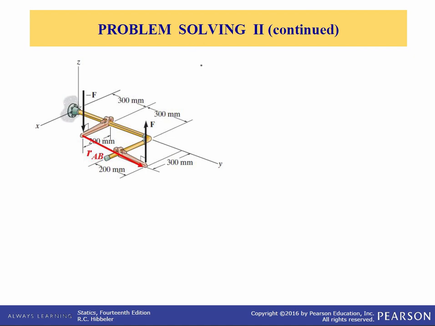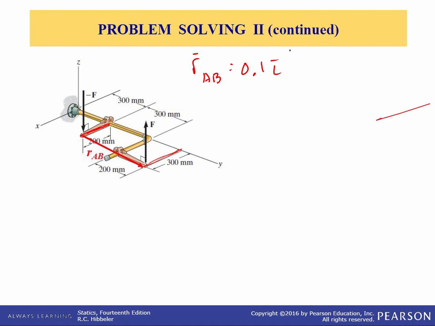So first let's find r_AB. That means I'm on A and I want to get to B. So how far in the x direction? Well, A is 200 that way, but B is 300 that way. So you subtract those two and you'll get, I'm going to write it in meters, 0.1 in the i.